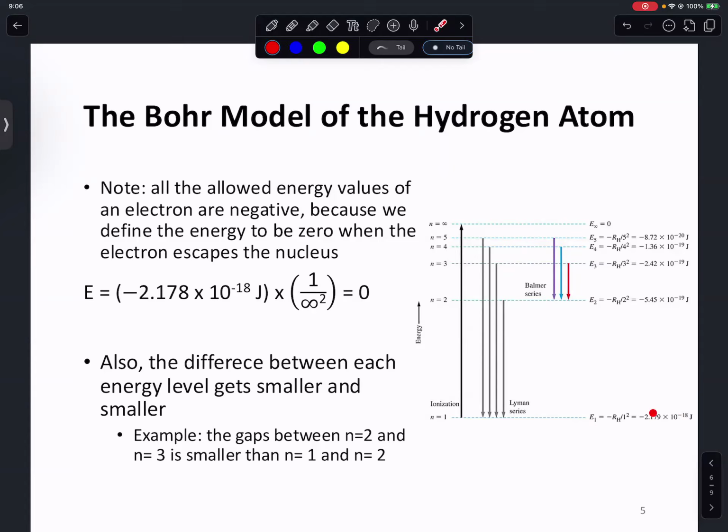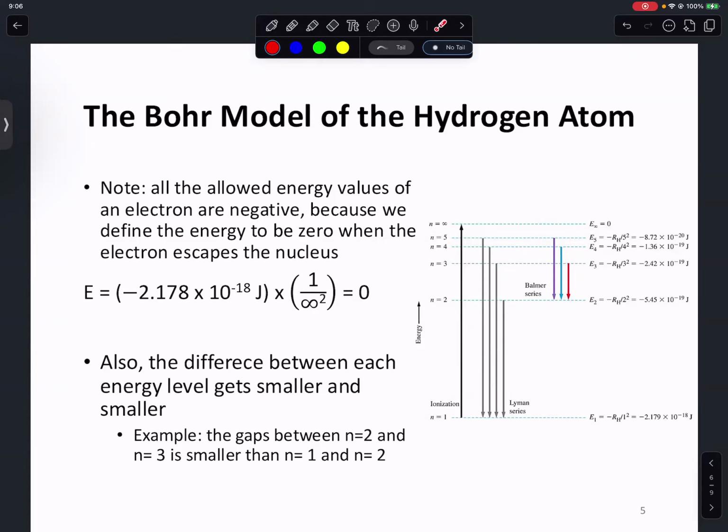And as the electron moves further away from the nucleus, it becomes a less negative value, and we can define the energy of an electron that completely escapes the nucleus as 0. Okay?